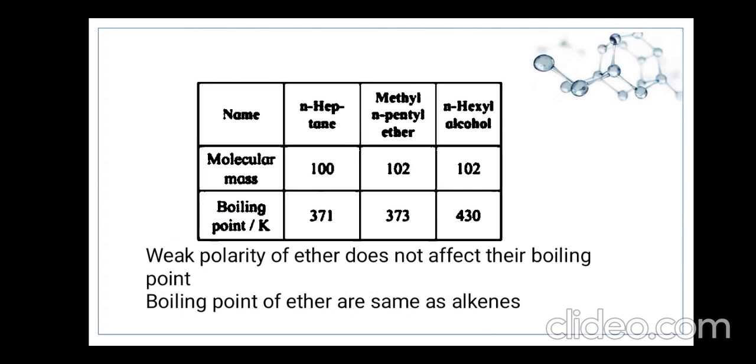And for n-hexyl alcohol, the boiling point is 430 Kelvin. Now here we can see the weak polarity of ether does not affect the boiling point of ether, and this boiling point is the same as that of the alkanes. So the boiling point of ether is the same as that of the alkane.